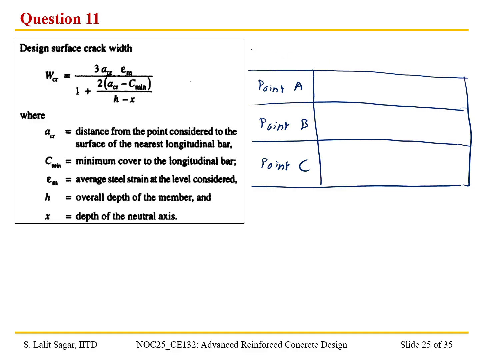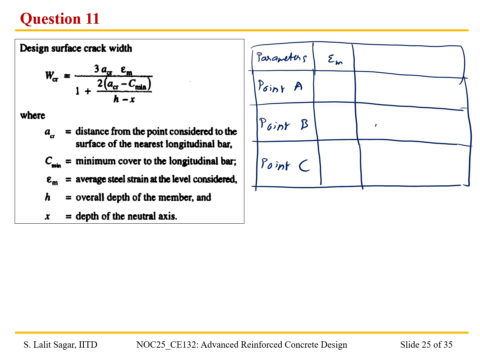So here I'm going to write down the parameters in order to calculate the crack width. So we have epsilon m, the mean strain value that we have calculated earlier. Then we have ACR, and then we have the crack width itself.